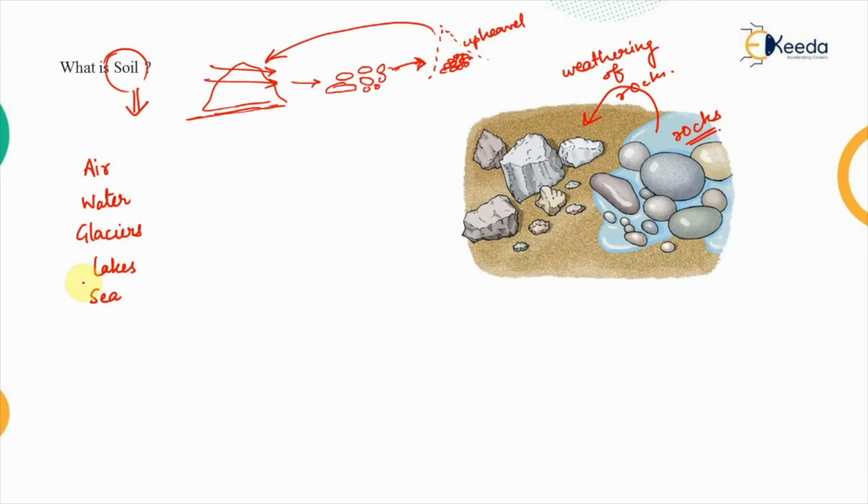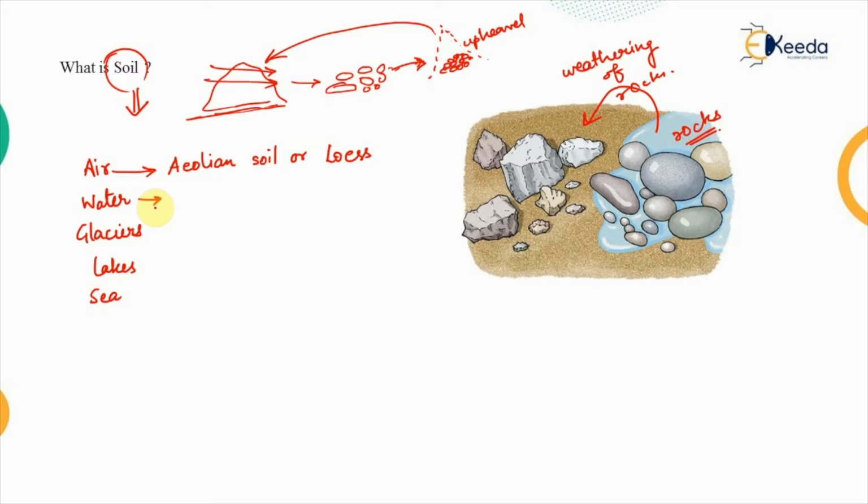The soil formed after disintegration due to the blowing air or wind is known as the aeolian soil, or depending upon the type of minerals present, it is also classified as the loess soil.